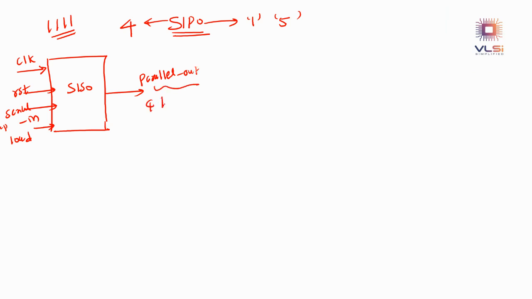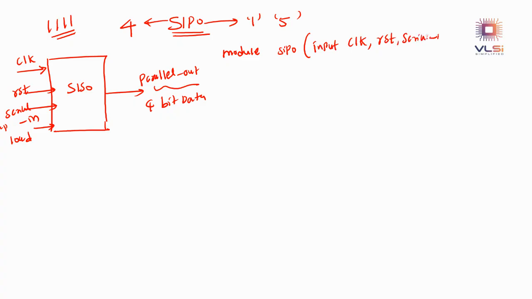So you see, module SIPO. What are the inputs? Input clock, reset, serial in, and output. What is the output?